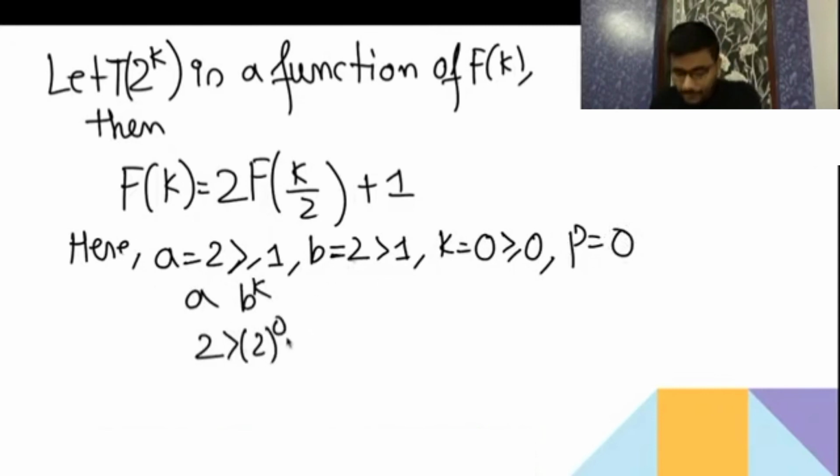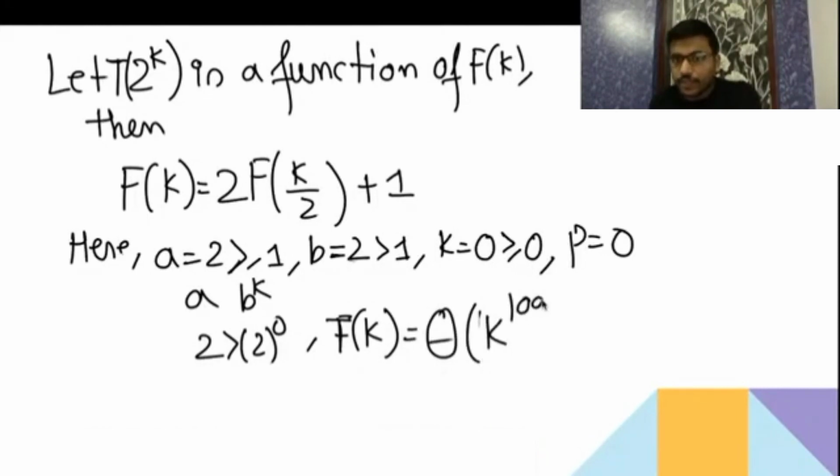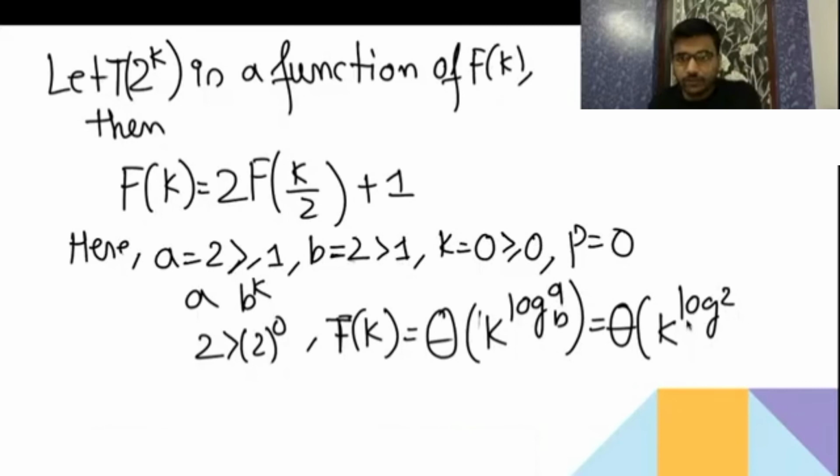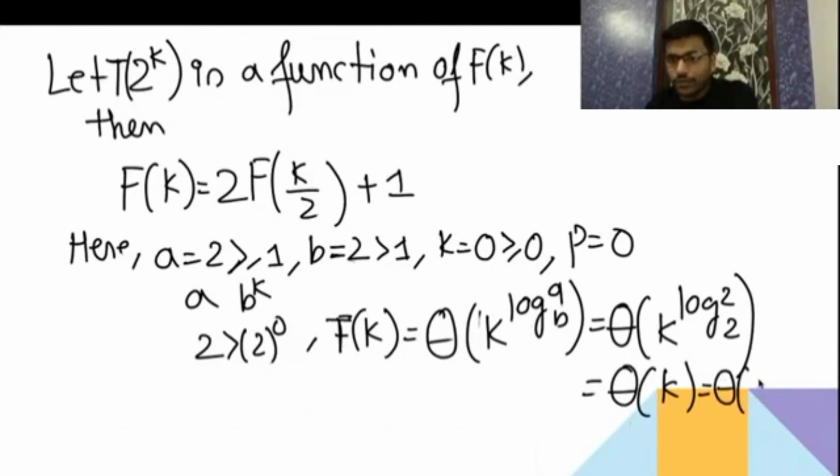So again here also a is greater than b to the power k, then F(k) is going to be theta of k to the power log a base b. So theta of k to the power log 2 base 2, which is 1 only. So it's going to be theta of k, and you know that k is equal to log n base 2. So your time complexity is theta of log n.